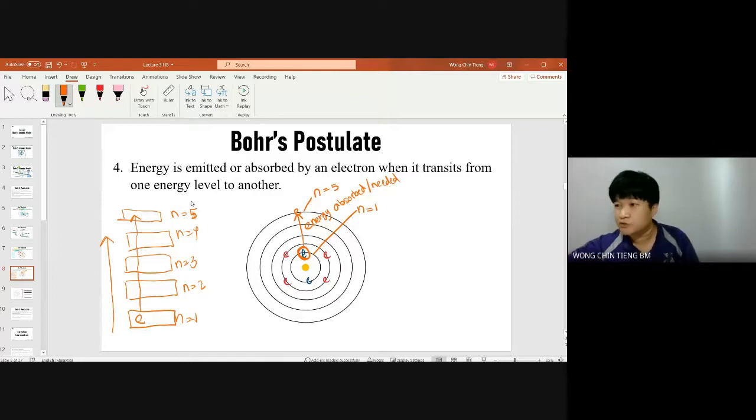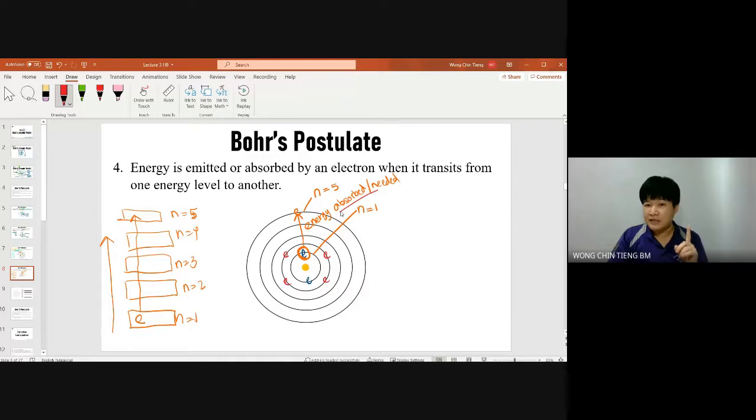You are definitely using energy. When you climb, it means you're using energy. So when you're moving from a lower energy level to a higher energy level, that means energy is needed.